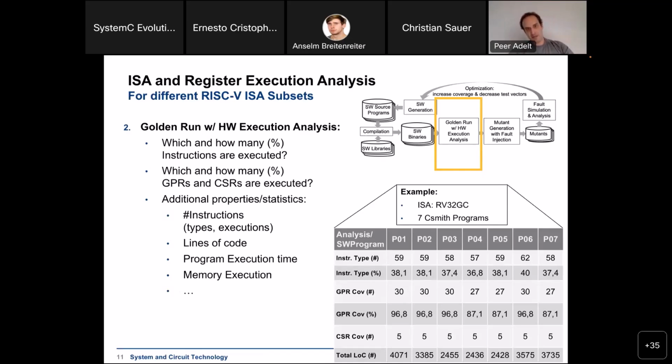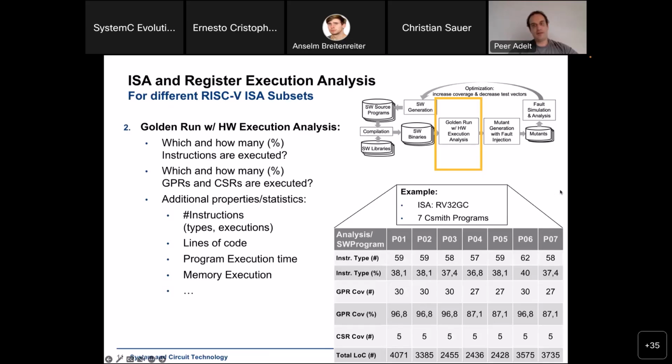Additional properties include, for example, the number of executed instructions, the number of instruction words inside of the program memory, which corresponds to the lines of code, if you like. Also, we measure program execution time and we monitor accesses to each and every memory byte.